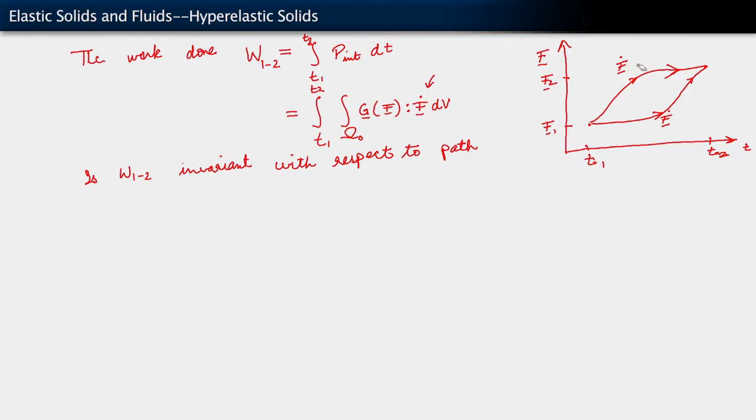Let me call this path A, so I'd call that F_A dot, and this would be path B, so I'd call it F_B dot. F_A dot or F_B dot is what I would use here, where I've marked the arrow just above the F dot in the integrand. Then, as a function of F, I would compute G and go ahead and compute that integral. So this is the question we're asking: is W1 to 2 invariant with respect to path?